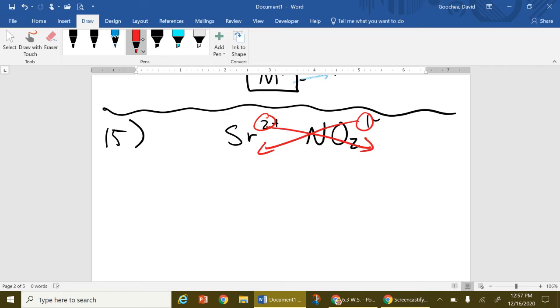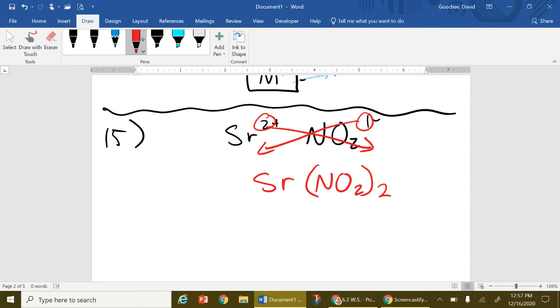Now, this is how this looks, all right? Sr, you have one of them. NO2, that is 1 nitrite. That is just 1. This is like a bicycle. Here's your bicycle body. Here are the wheels, okay? That's 1 bicycle. We want 2 nitrites, so it's NO2 in parentheses, 2.